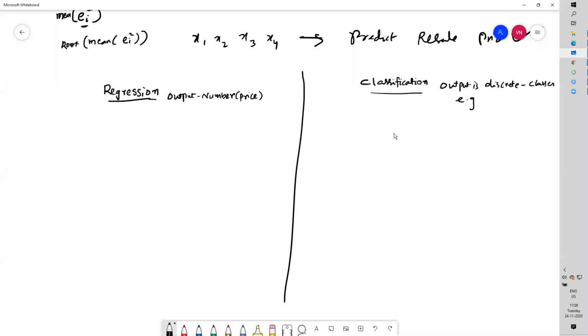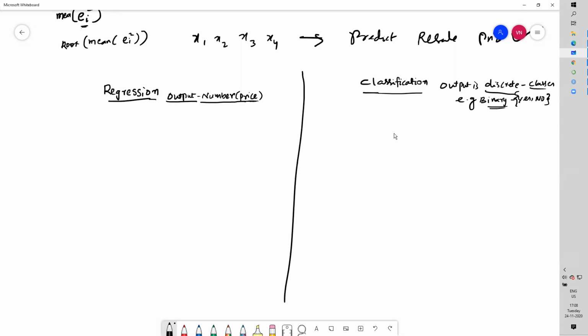For example, binary, which takes values like yes or no. So this is the major difference between regression and classification. When our output is a numeric number, when we are predicting something like a price, then we go for regression. When our output is discrete, then we go for classification.